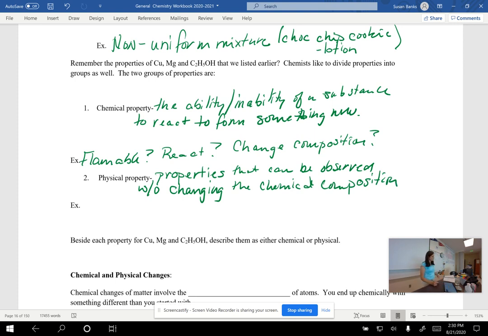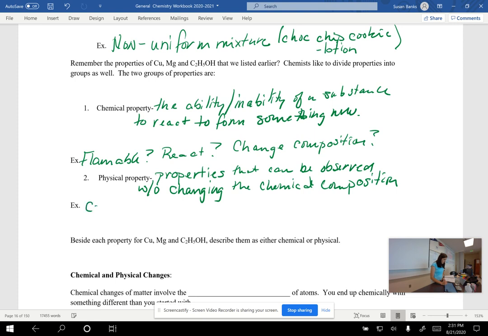Okay, for example, if I have this pen right here, I can observe that this part of it is black. I can observe this part of it is coral. I can observe that it's about 7 inches long and maybe 1/4 of an inch thick. I can observe that it will write in the coral color. Those are all physical properties.